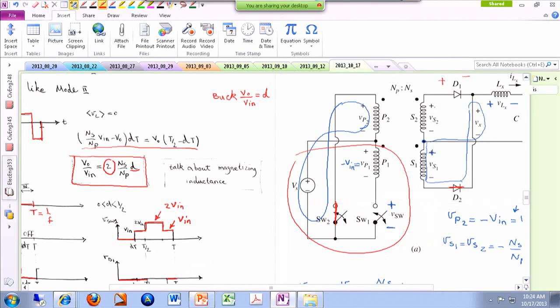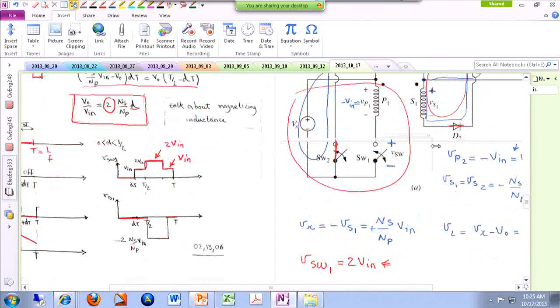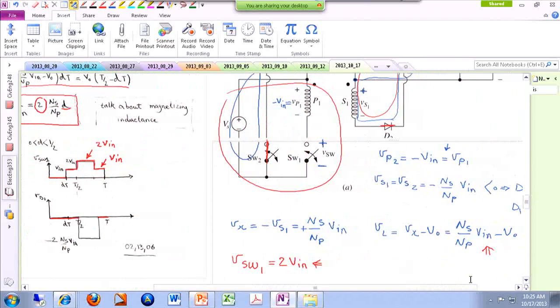And you can apply KVL around this loop to find the voltage drop across this diode that is off, because D2 is on, so VD1 is twice VS1. And remember, VS1 is negative, makes sense, so we have a negative voltage applied across this diode.